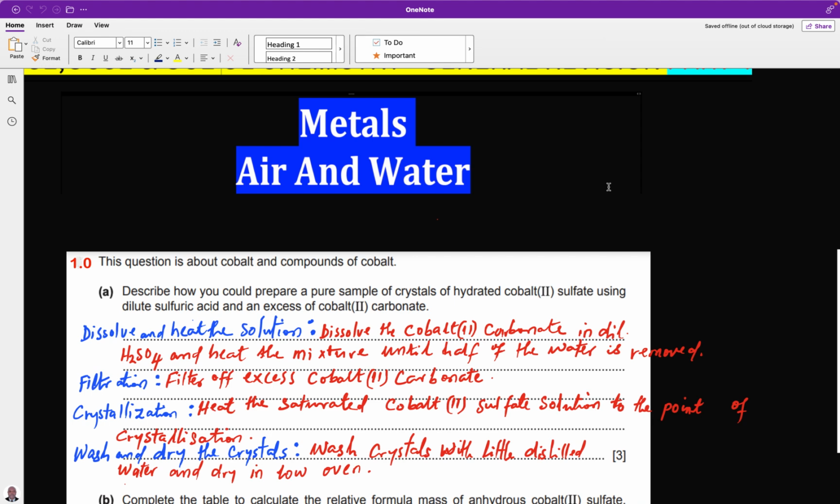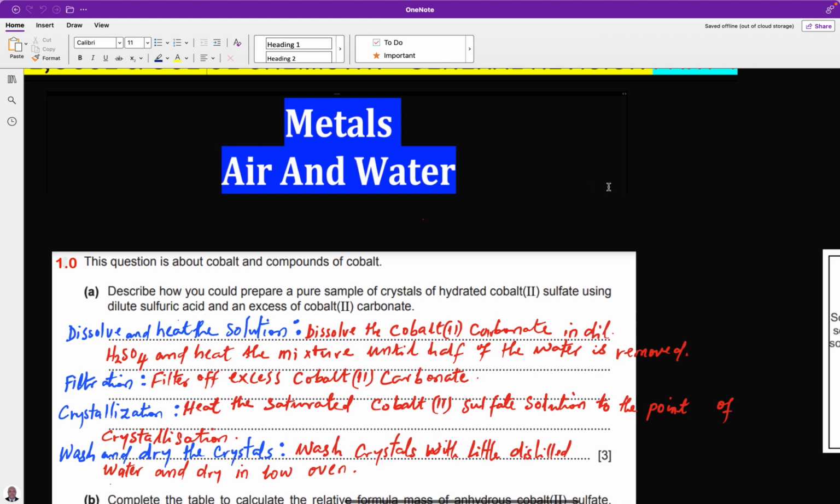When you react sulfuric acid with cobalt-2 carbonate, when you dissolve cobalt-2 carbonate in dilute sulfuric acid, a sulfate salt is going to be formed, and that is the sulfate salt that they want us to prepare a pure sample of.